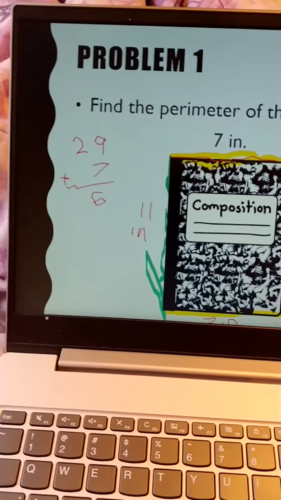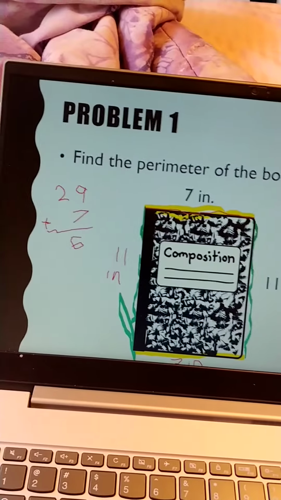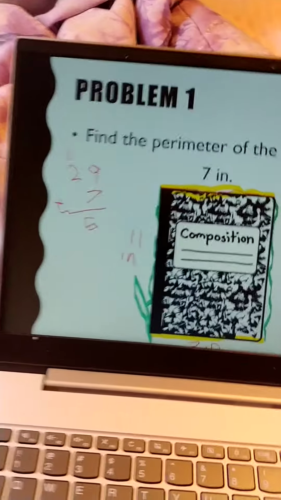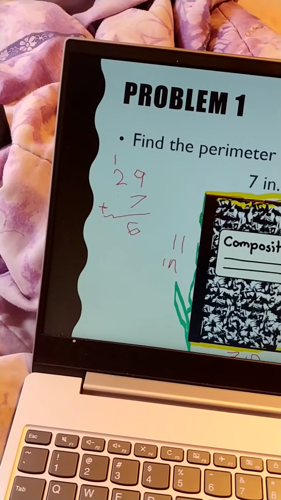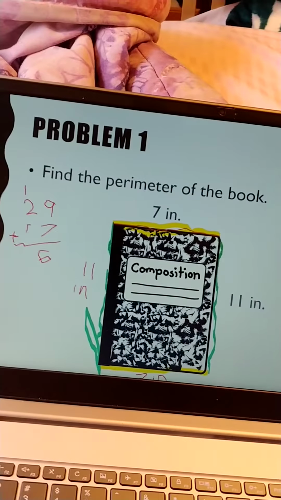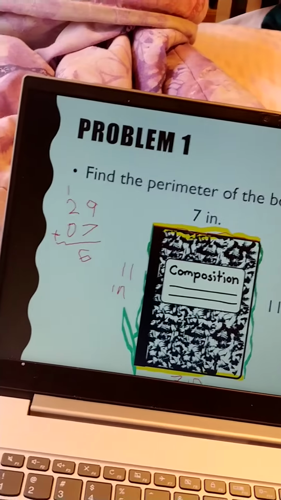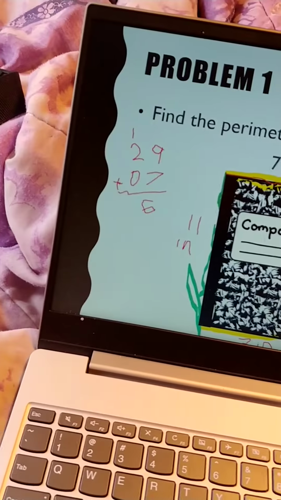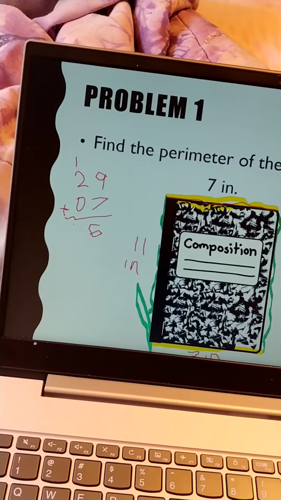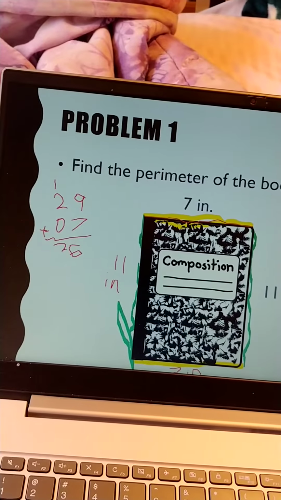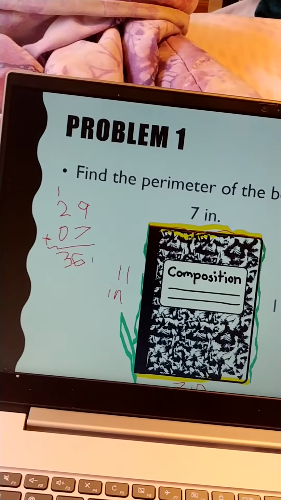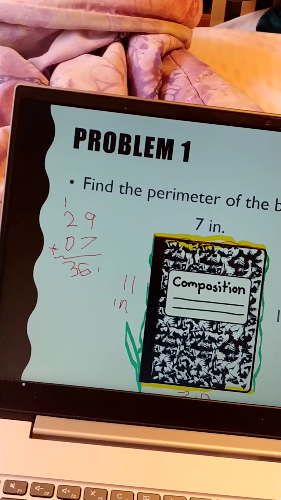You're going to hold the place for the 6, and then you're going to regroup the 1 in 16 for the tens. As I said, if there's nothing in that tens place, you can always assume that it's 0. So 2 plus 0 is going to give us 2, but you have to remember to add that 1, and our answer is 3. So our perimeter of the whole notebook is 36 inches.